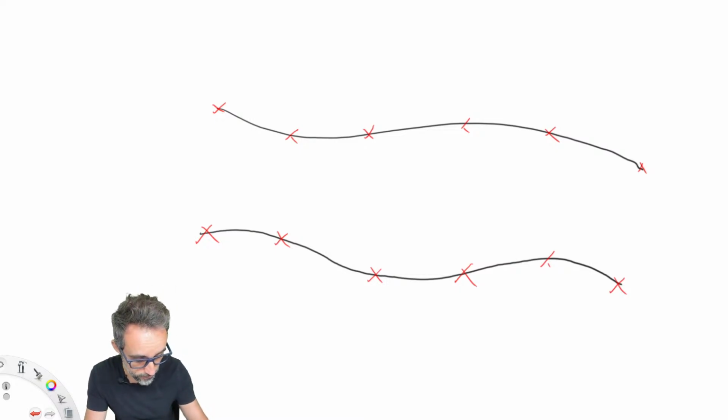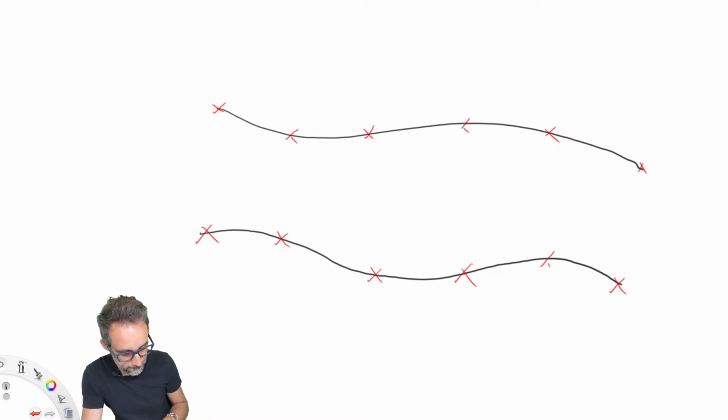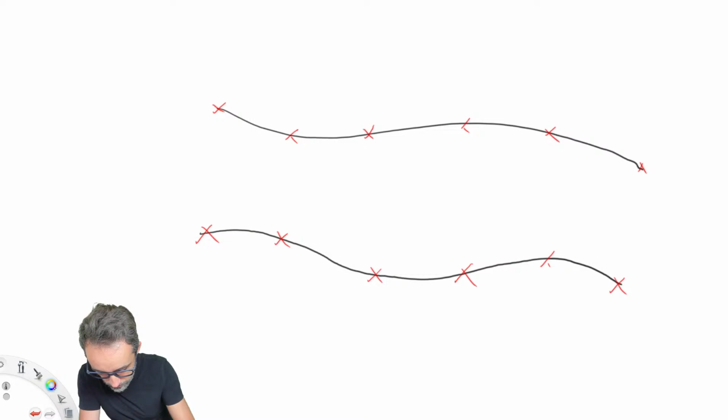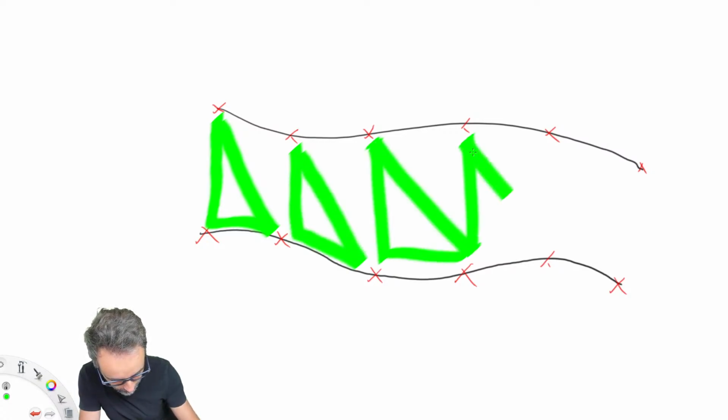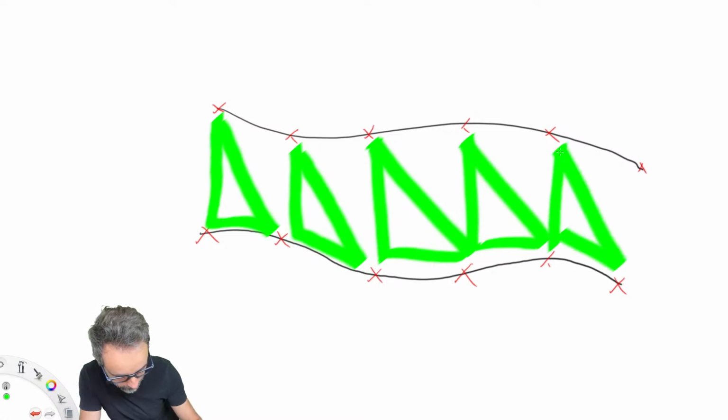So we're here, because we need to create triangles like this, and then triangles like this.